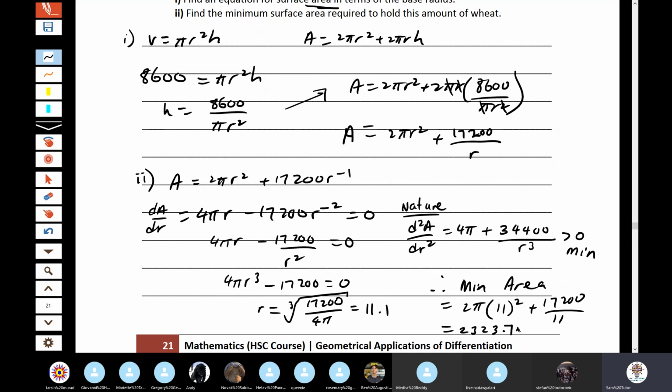2,323.7 square meters of sheet metal that can be made to create a cylinder that can hold that much. It's useful. Imagine I was a rainwater tank company. If I can make the same capacity as the guy next door, but just change my dimensions slightly, I can use less plastic.